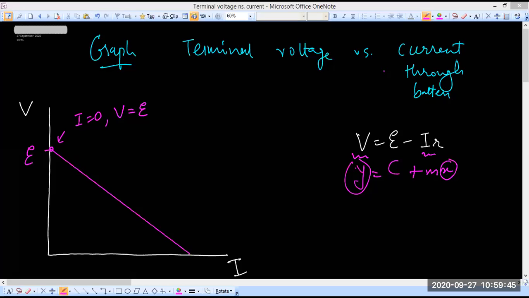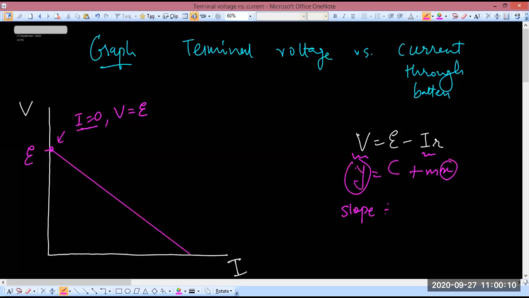I said that here at this point current is 0, so voltage should be epsilon; terminal voltage is EMF, right? Open circuit. Current is 0 એટલે open circuit. Yes, very good, Kodal, that's right. Okay. Slope of this line is minus R.